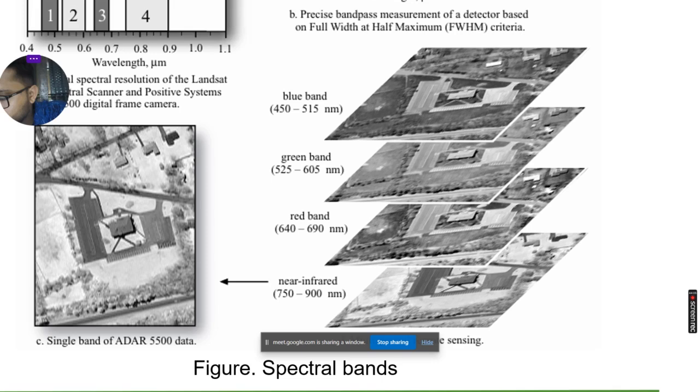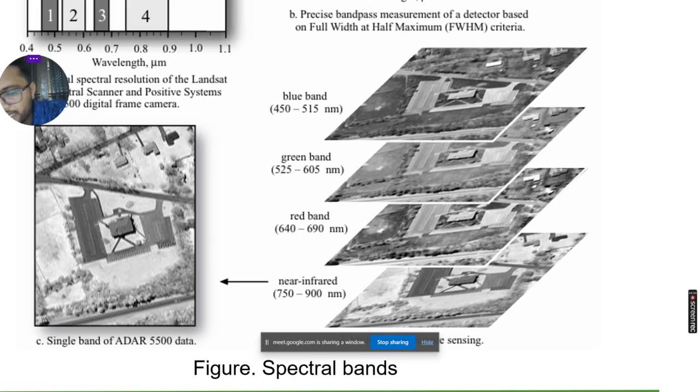Can you see the first element which we learned during visual image interpretation is tone or color. So is color changing? Yes. How is it changing, from black to white or white to black? White to black. If you go from blue to near infrared, top to down, then it is becoming black to white.